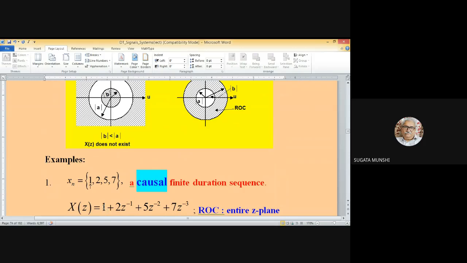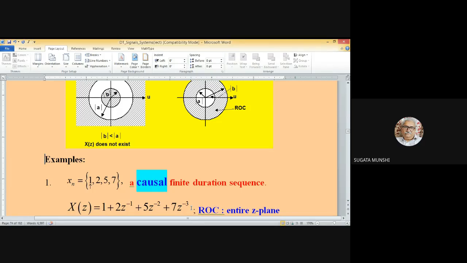So x0 is 1, x1 is 2, x2 is 5, x3 is 7. So 1, 2, 3, 4 terms only, because all other sample values are 0, therefore the terms involving those sample values will be absent, isn't it?